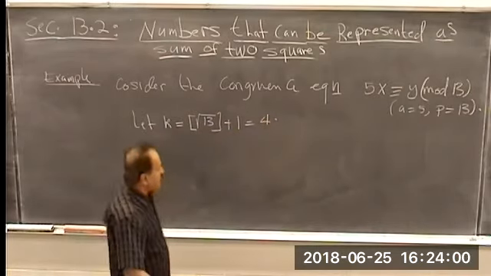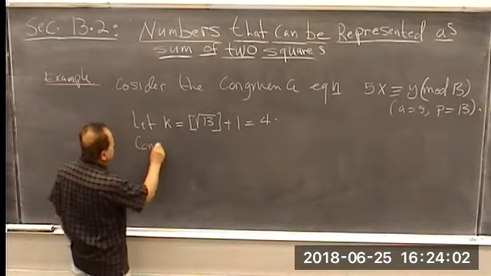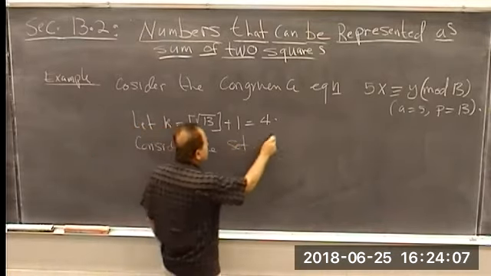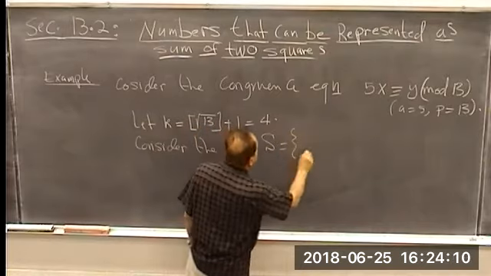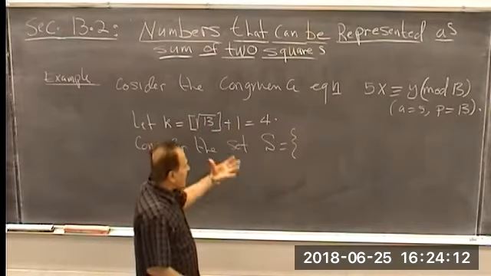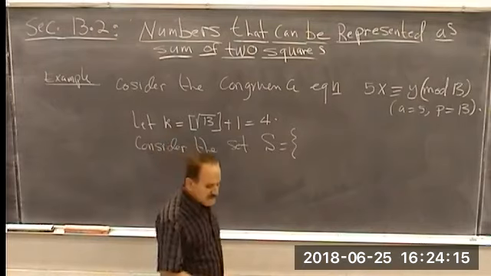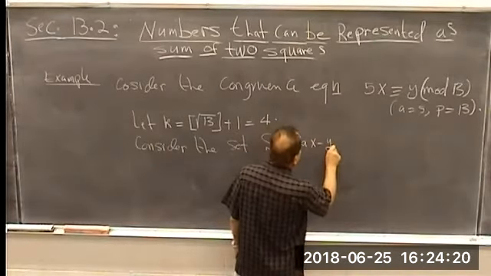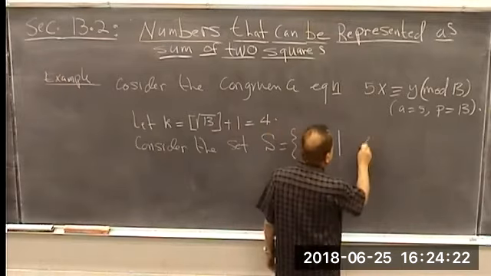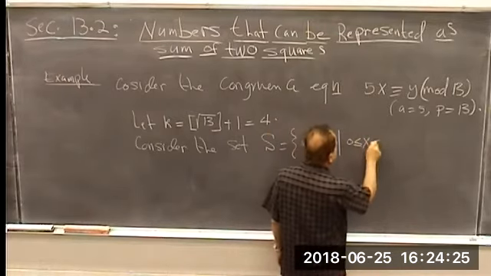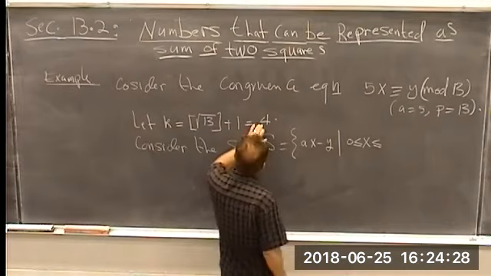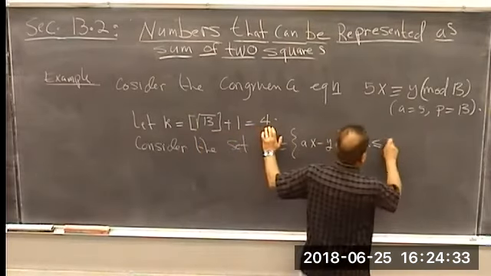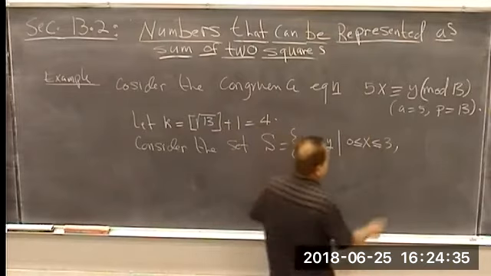Then we're going to consider this set S, which consists of, I don't want to make it look like an ordered pair, but it is sort of in this form: ax minus y, such that x is between 0 and k minus 1, which is going to be 3, and y is the same.